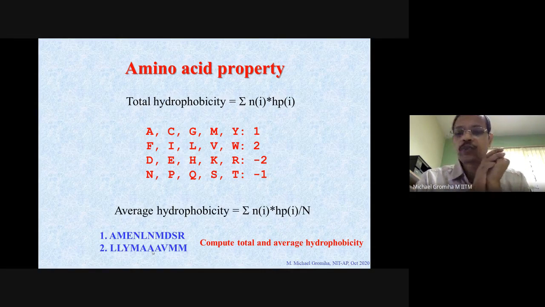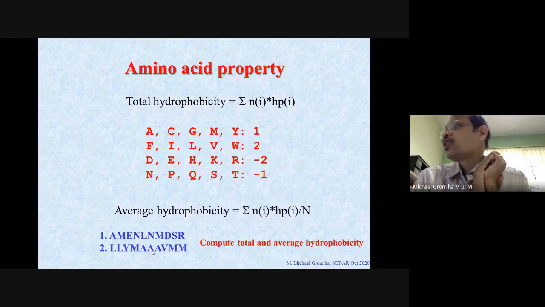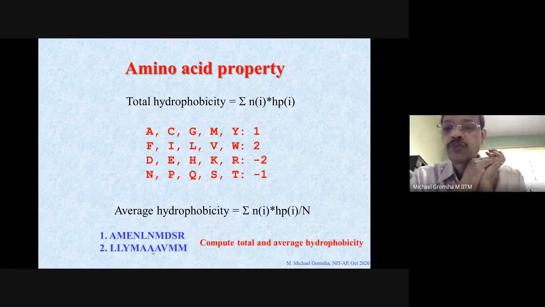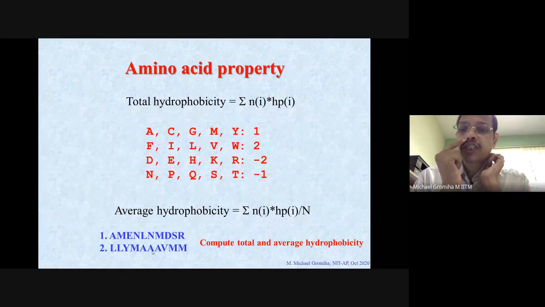-4 for sequence 1. Anybody else got the same number? One, two, 0, -1, +1, 0, 1, -1, -2, -4. Okay, right. Two or three participants got the same number. So -4.